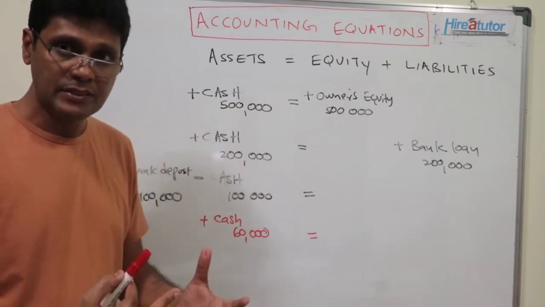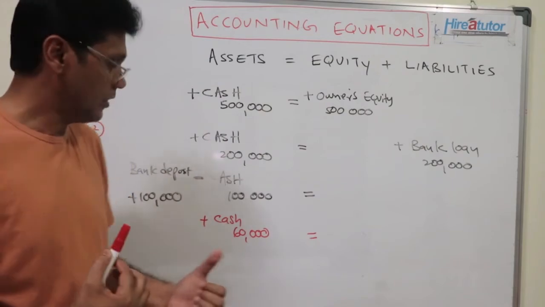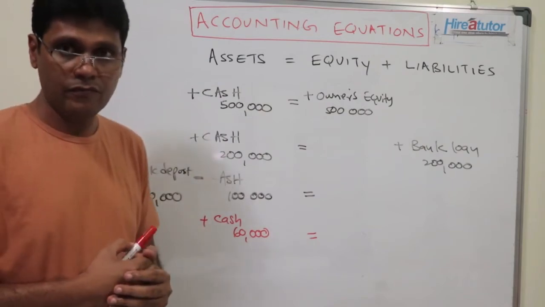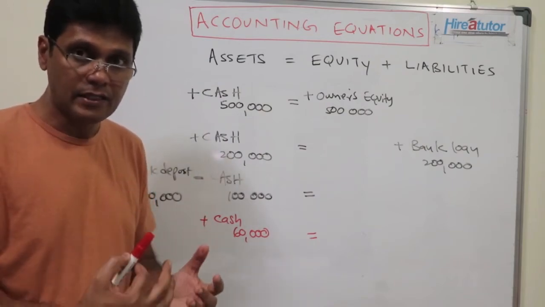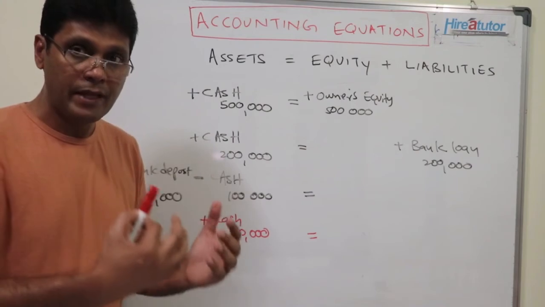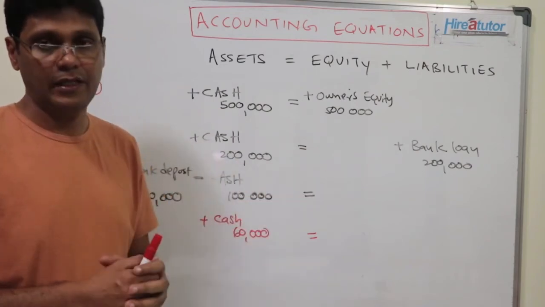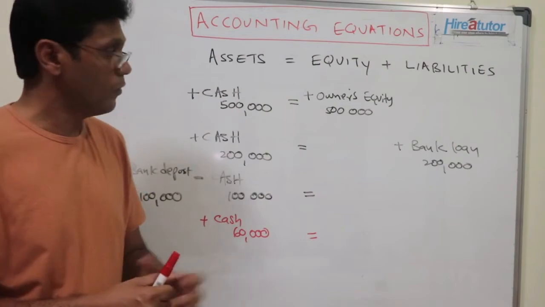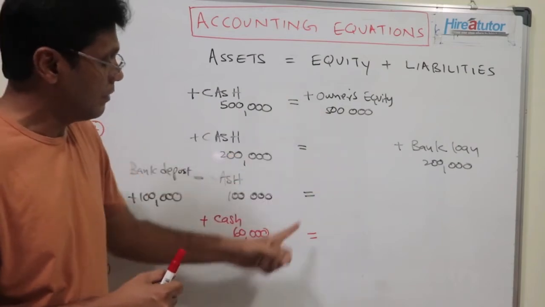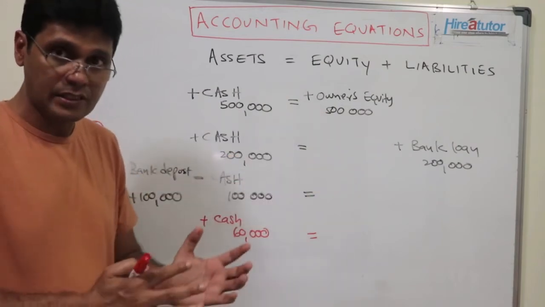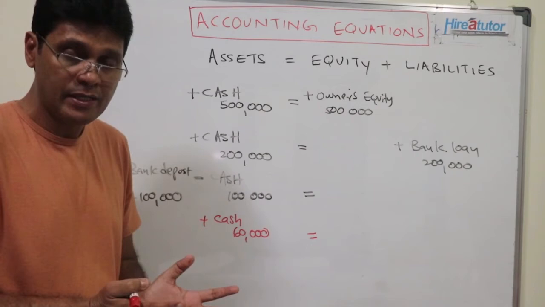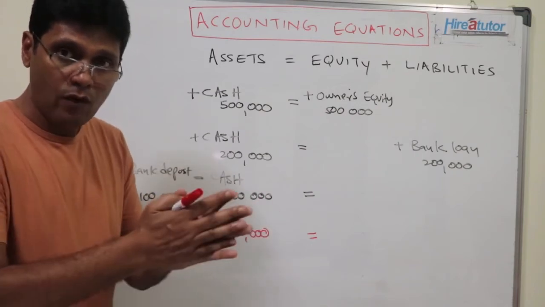Because the business has earned 60,000 worth of income. That income has to be paid back to the owner along with the capital investment. So along with the capital, whatever income the business earns has to be paid back to the owner.